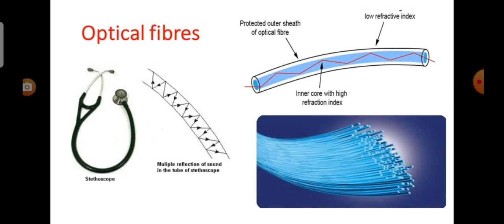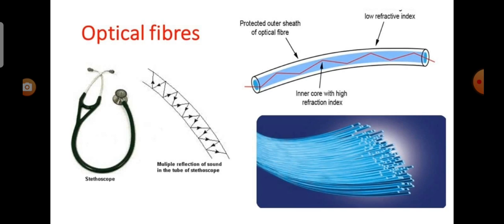And the next total internal reflection application is optical fiber. Optical fibers are bundles of high quality composite glass or quartz fibers. Each fiber consists of a core and cladding. The refractive index of the material of the core is higher than that of the cladding.